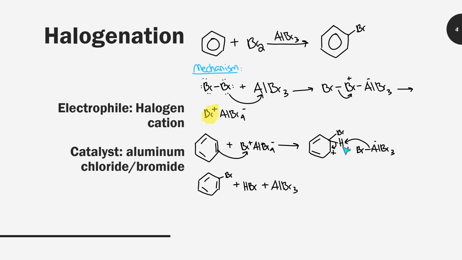That CH bond will break, and then these bonding electrons will go to reform the double bond and neutralize the positive charge. So we end up with bromobenzene. This hydrogen combines with this bromine here, and then we reform our catalyst that we used up here. Questions?